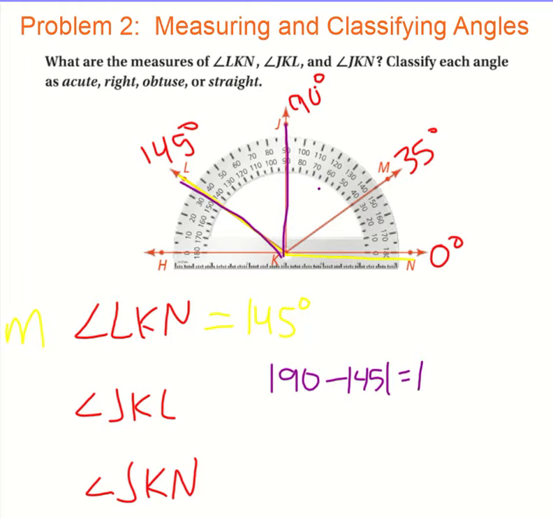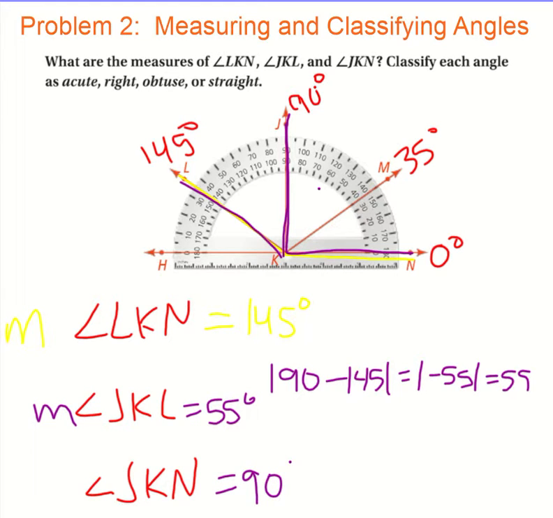That equals the absolute value of negative 55, which is 55. So you say the measure of angle JKL is 55 degrees. And then we go to JKN. Well, N is at 0, so we don't really need to do any of our subtraction there. This angle will be 90 degrees.